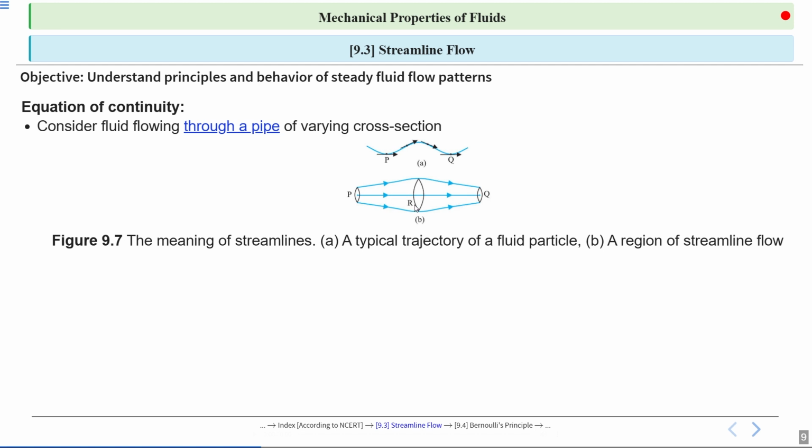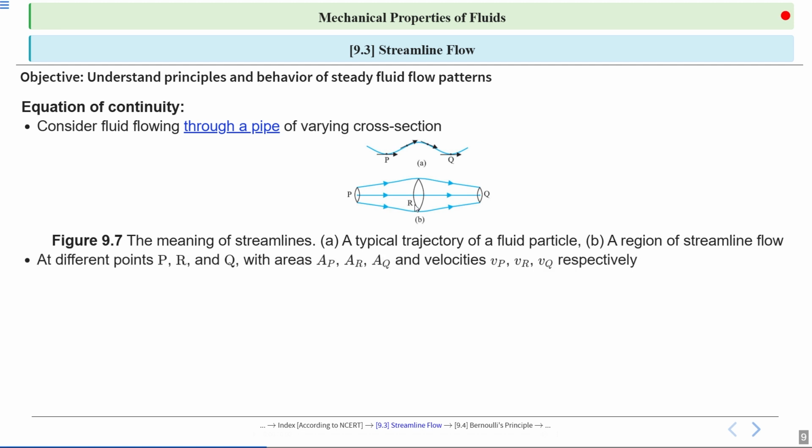I hope this is clear. So at different points along the pipe, labeled P, R, and Q, the pipe has different cross sectional areas, which we call AP, AR, and AQ. Alright. The fluid also moves at different speeds at these points, which we call VP, VR, VQ respectively. Changes in area affect the speed of the fluid at each point.